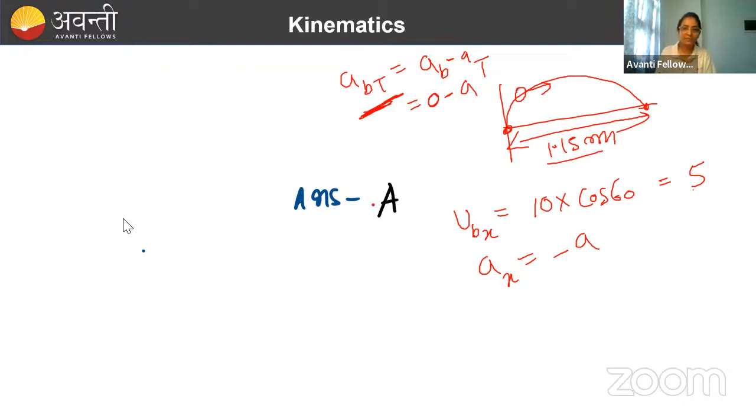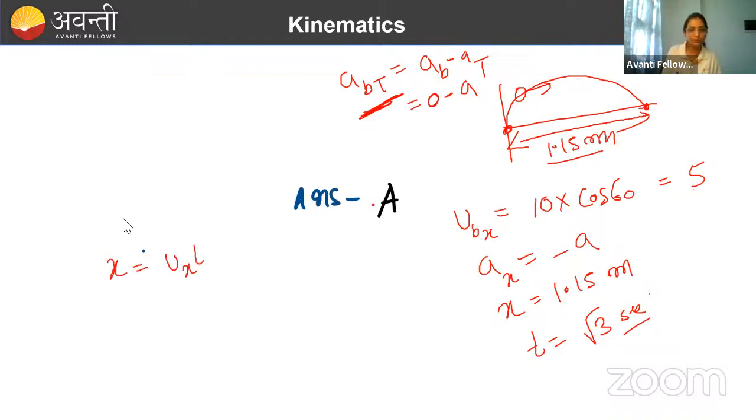Now how much distance is it covering? x is 1.15 meter. In how much time is it covering this? Root 3 seconds, the time of flight. Done. Now you simply apply the formula. Which formula are you going to apply? x equal to what will you be writing? uxt plus axt square by 2.